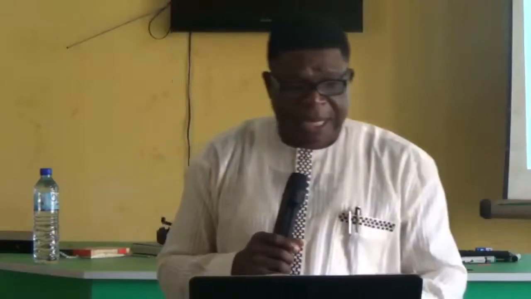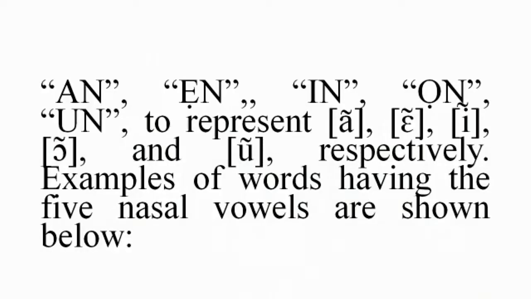You have there the digraph AN representing the sound, then E with a subdot followed by N as a digraph represents the sound, and then the letter I followed by N as a digraph represents the sound E, and the O with a subdot followed by N represents the nasal vowel O.